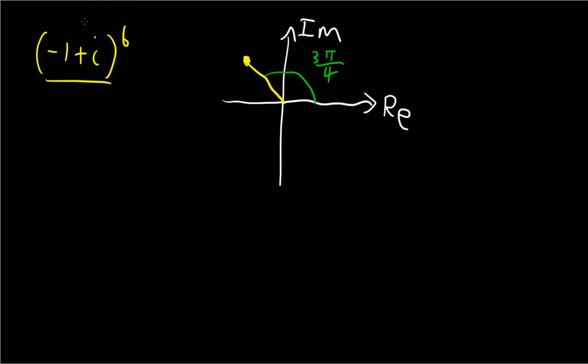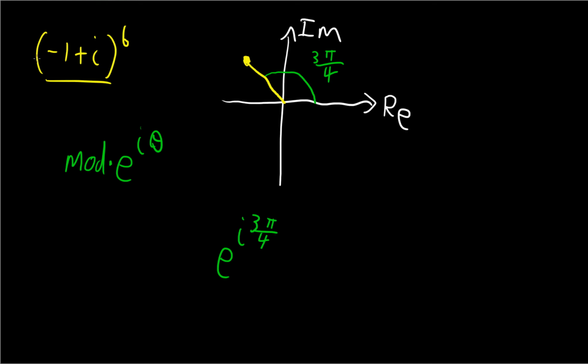So recall, when we're going to polar, we're going to have our modulus times e to the i theta, where theta is our angle, modulus being basically the length of this vector here, and theta being the angle of this vector. So we've got our angle part, it's e to the i, that's just part of the definition, times 3 pi over 4.